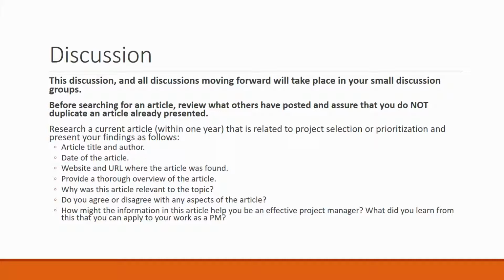Now, what I want you to do next is critically review the article by saying, do you feel it was relevant to the topic, and justify why the article that you found was relevant to the topic of project selection and prioritization. And then, do you agree or disagree with any aspects of the article?